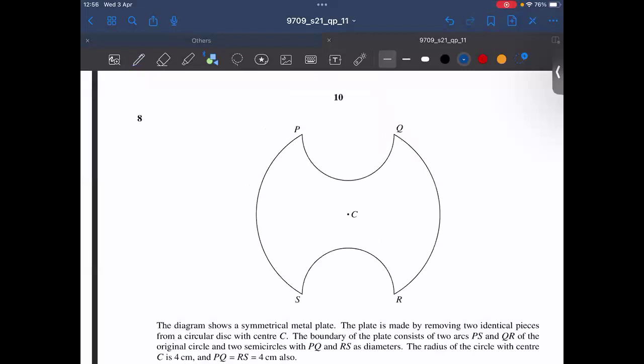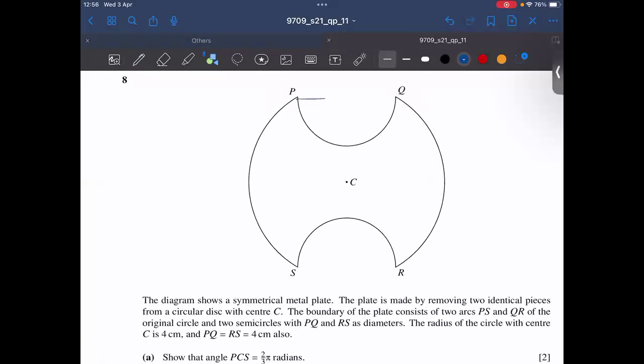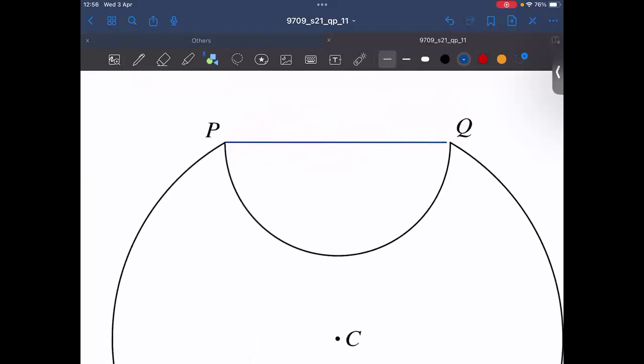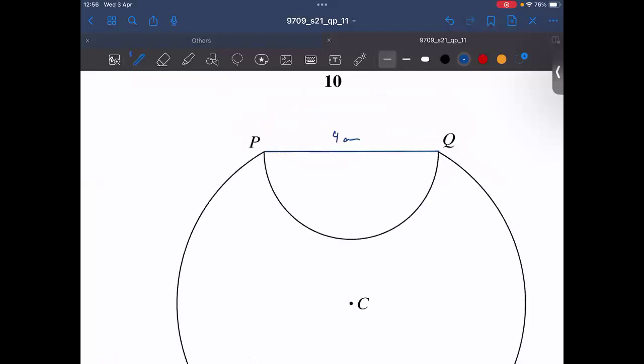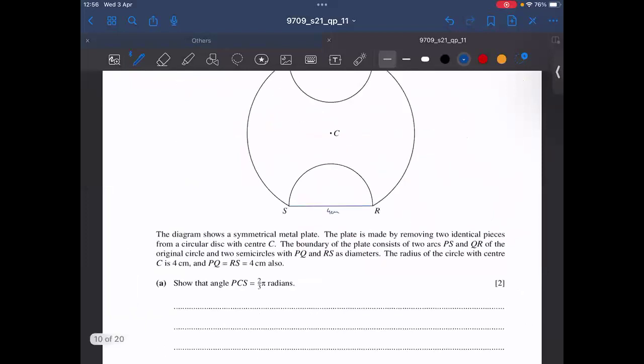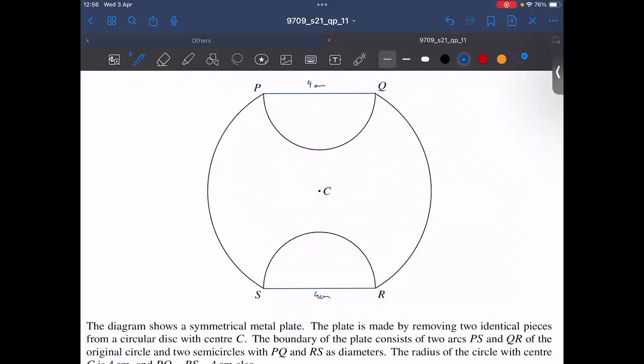PQ and RS are 4 centimeters, and the radius of the circle is also 4 centimeters.